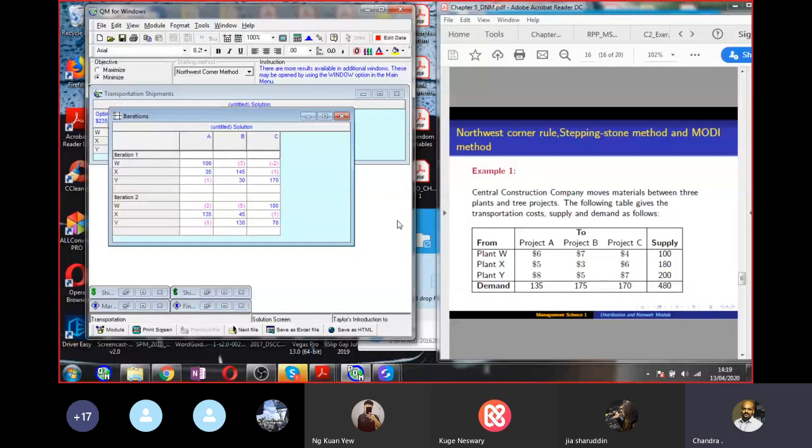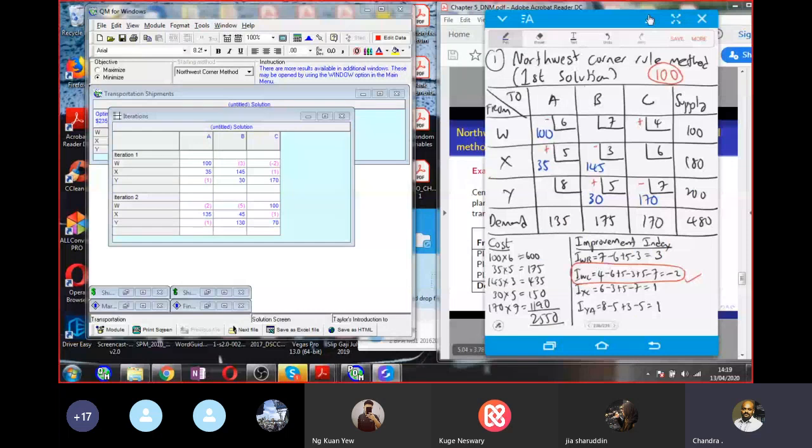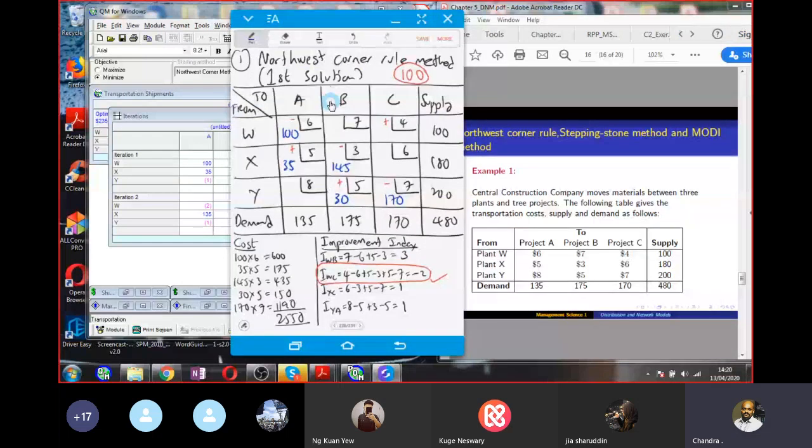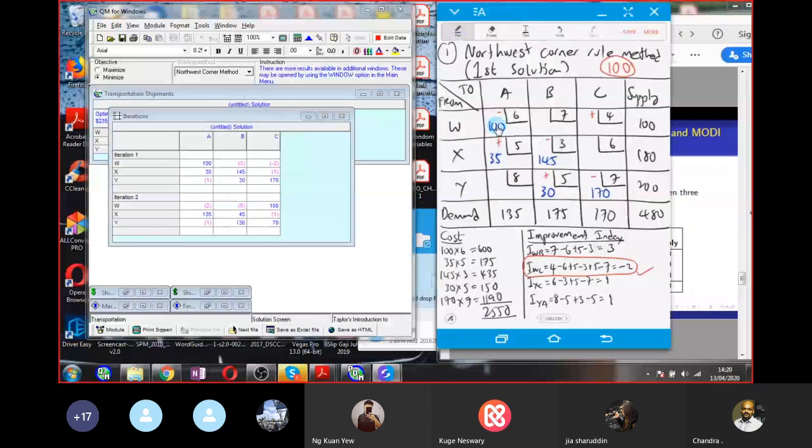If you notice here, when we do the first solution for the first example, this is our solution here. You see 100 is here, 35 is here, 145, 30, 170 and 170. This is the first solution.